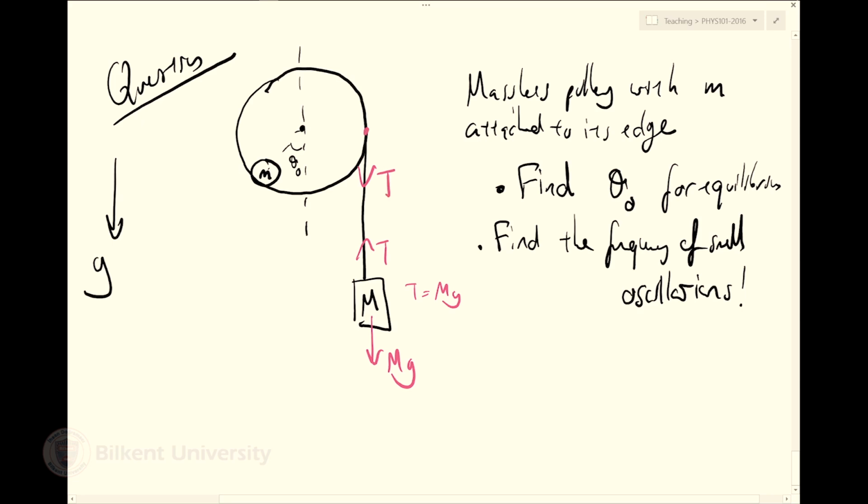So there is a torque coming from the rope, but there is also another torque. Here is my small mg, and this length is r. But the torques of these two forces are in opposite senses, in opposite directions, right? So torque 1 is mg times r times sine theta 0, and torque 2 here is going to be capital Mg times r.